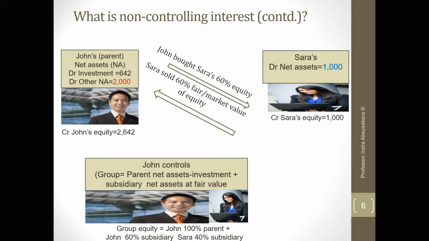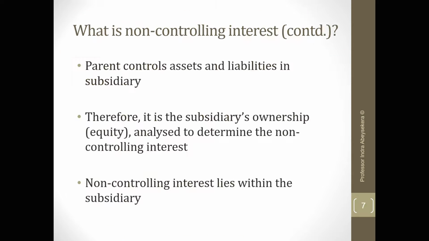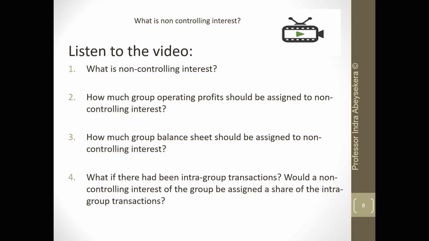This 40% of the subsidiary is called non-controlling interests. So the parent controls the assets and liabilities of the subsidiary, and therefore they are shown in total, but the subsidiary's ownership is analyzed to determine the non-controlling interest, because the shareholders' equity is based on the ownership interest, and that is broken up into the parent entity's interest and the non-controlling interest.